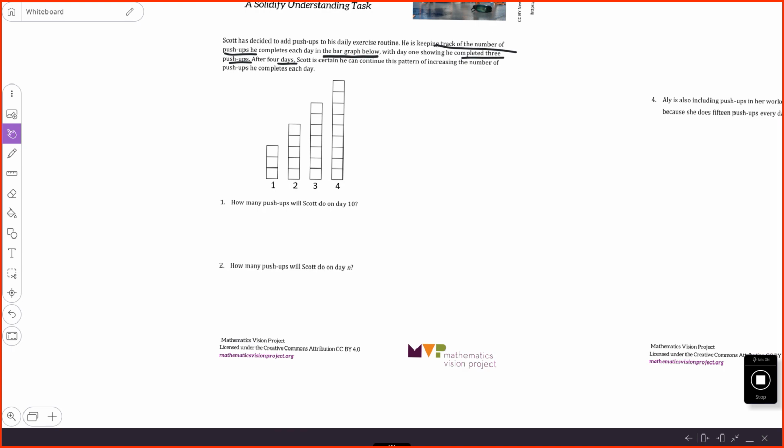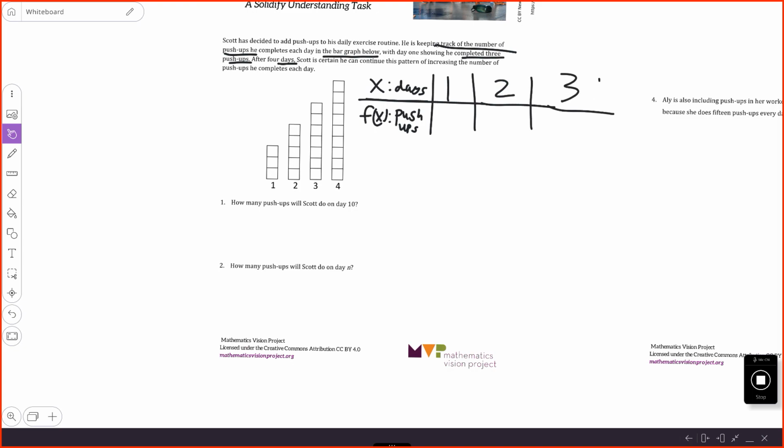So basically a table. If I have x and f of x is push-ups, x is days, right? They give us 1, 2, 3, and 4. 1 is 3, 2 is 5, 3 is 7, 4 is 9. So we should see we're just adding 2 each time.